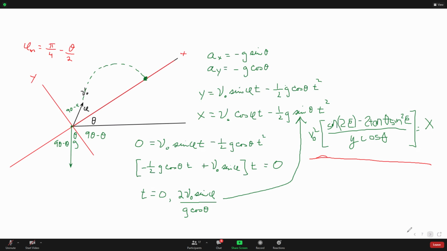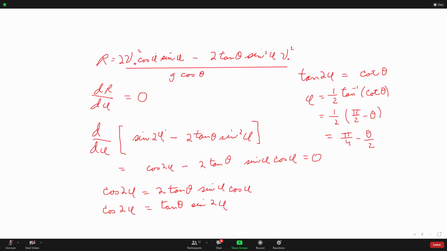Now, in order to determine what the maximum range actually is, we have to take this value of phi and actually substitute it here. No big deal. Just substitute in 45 degrees minus theta on 2, whatever theta is, and you can determine what the maximum range is.